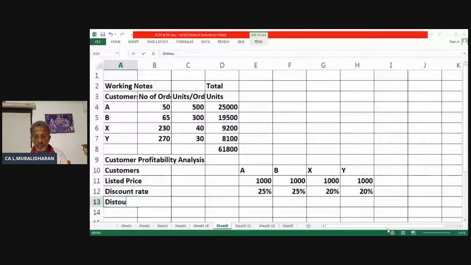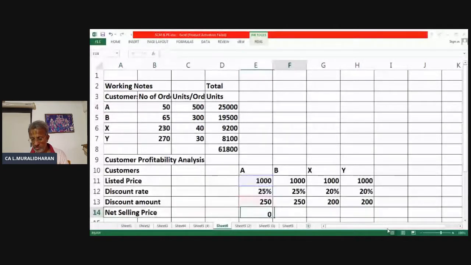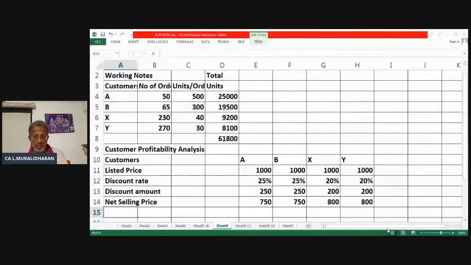Discount amount. Net selling price, 1000 minus this. So what is the cost price?